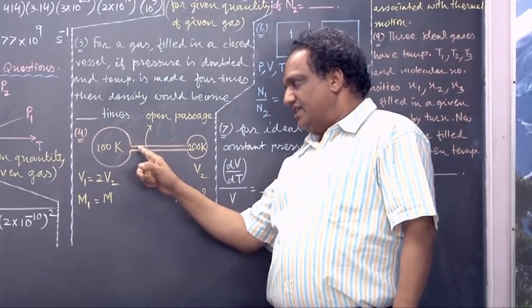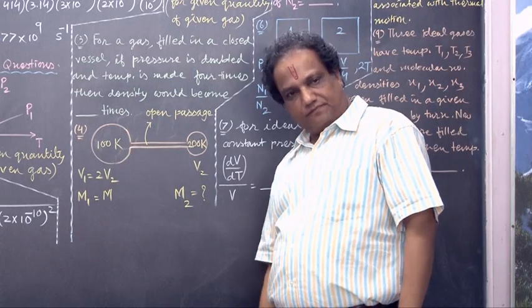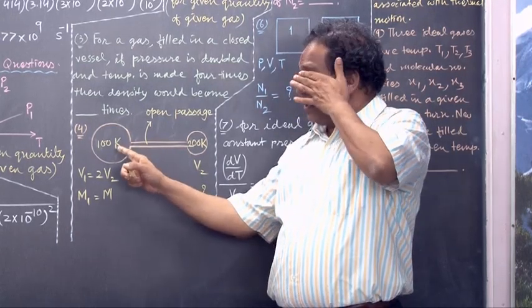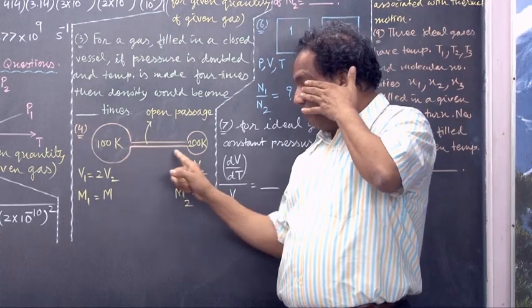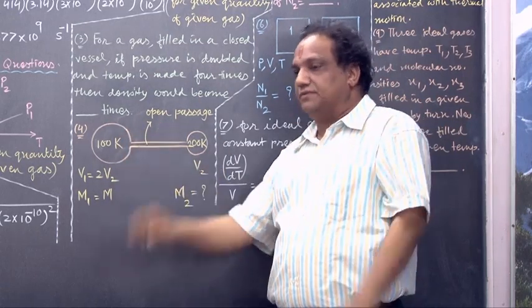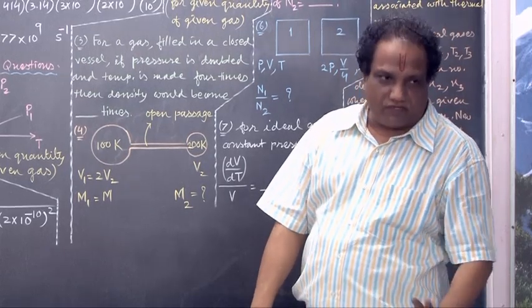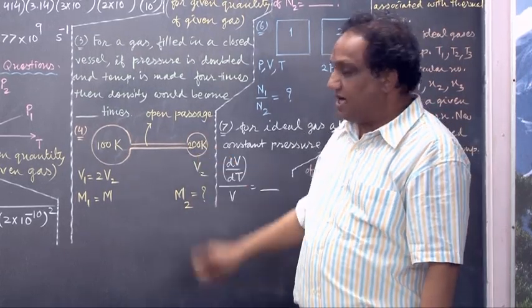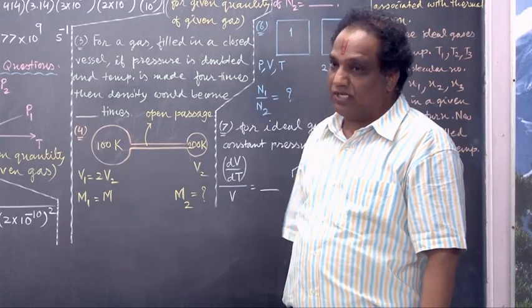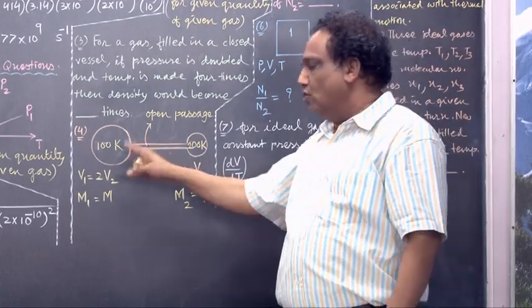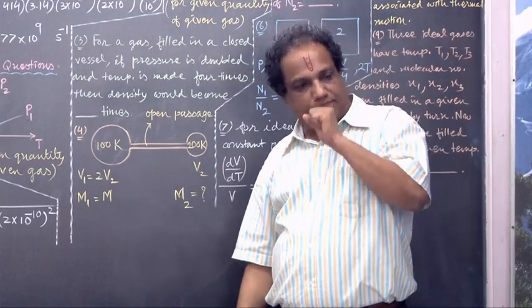See, there is a passage which is open. Now, pressure in this entire volume must be constant. Because otherwise, what will happen? If here pressure is higher, here pressure is lower, then gas will flow from high pressure to low pressure.